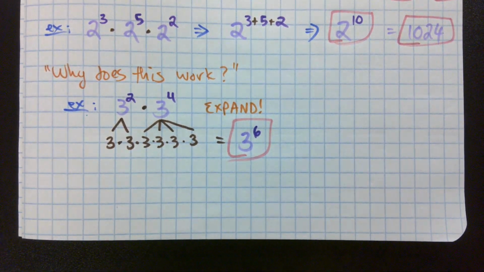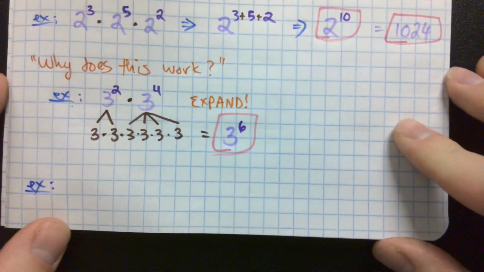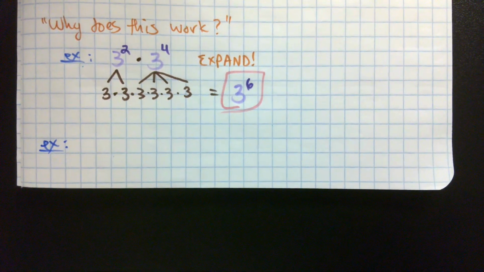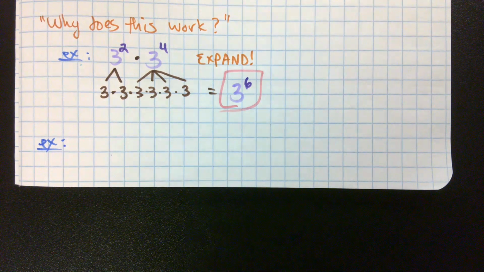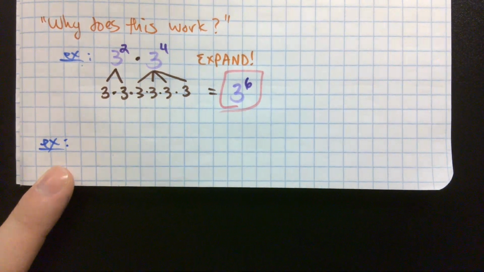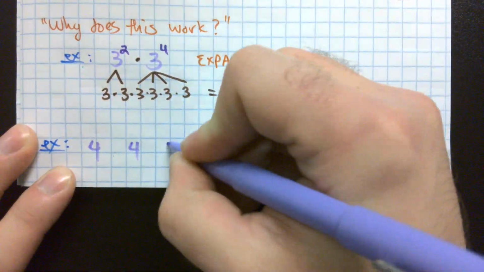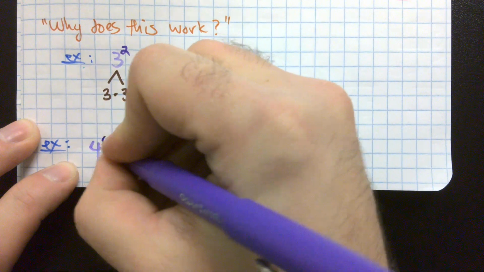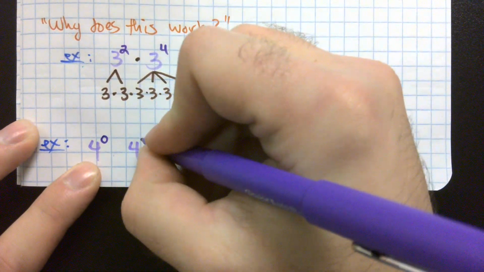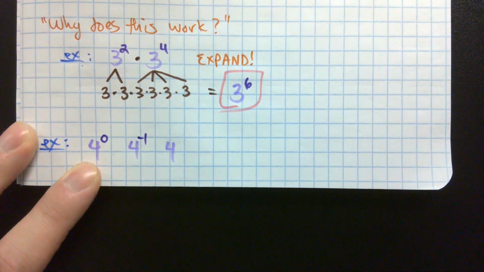I lied. I have one last example. But this example is meant to challenge you, so hopefully you can see what we're doing. I'm going to give you a couple moments to work this example out on your own with your group while I'm passing out the worksheet. So if we have 4 to the power of 0 times 4 to the power of -1 times 4.